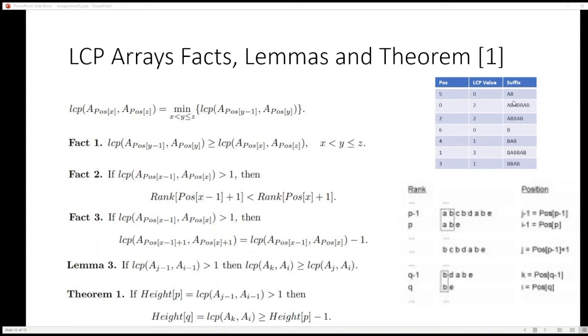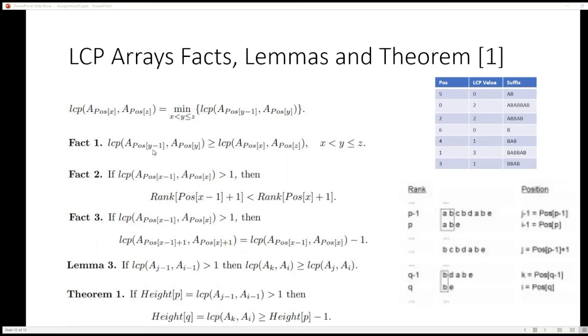To verify this, the number of characters that are common in the prefix of these suffixes is 0, since here we have AB, and here we have B. So this implies that the LCP of a pair of adjacent suffixes is greater than or equal to the LCP of a pair of suffixes that surround them.